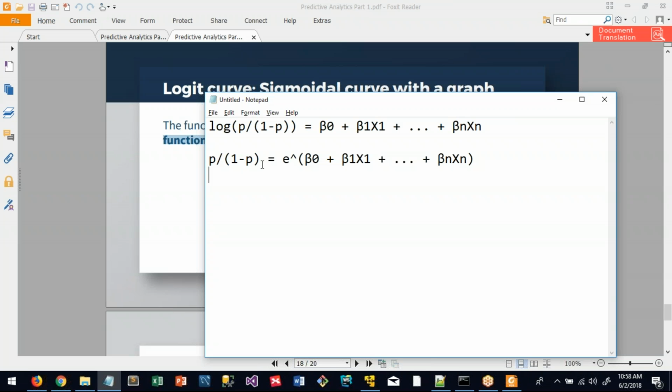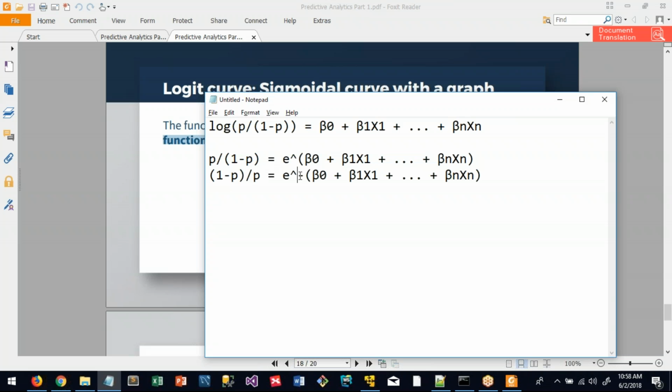This is p divided by 1 minus p here, right? I'll take the inverse of both sides of the equation. I will do 1 minus p, okay, this is 1 minus p divided by p is equal to e raised to the power minus of this.